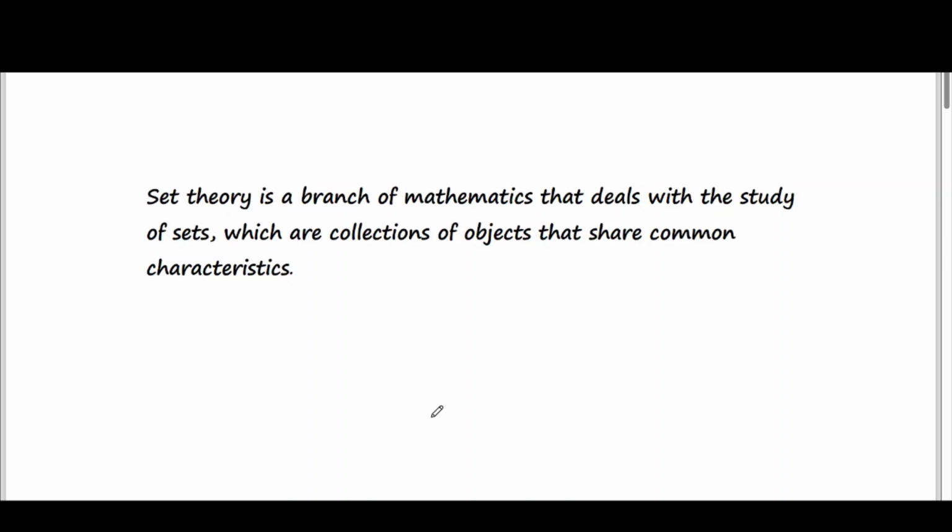At its core, set theory is the study of collections of objects known as sets and the relationships between those sets. From simple everyday objects to complex mathematical structures, sets and their properties can be used to model and analyze a wide range of phenomena. Set theory has played a critical role in the development of modern mathematics.